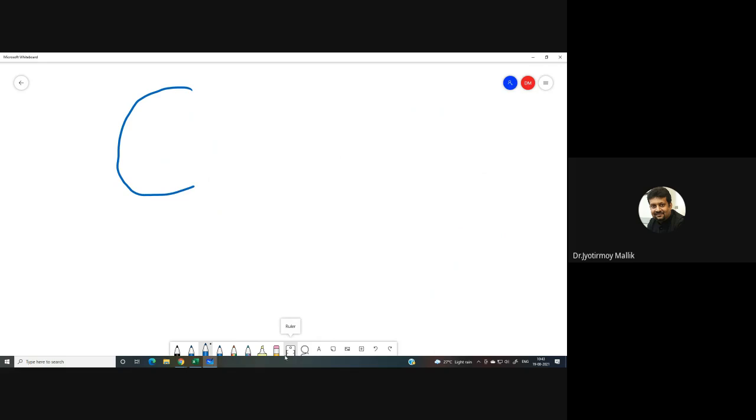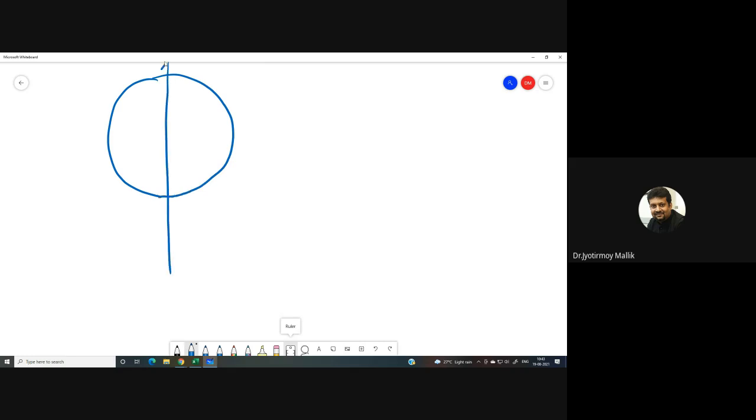Let's draw that figure once more. We are again drawing the Earth, and this is any point on the surface of the Earth, and the Earth is rotating along its own axis.